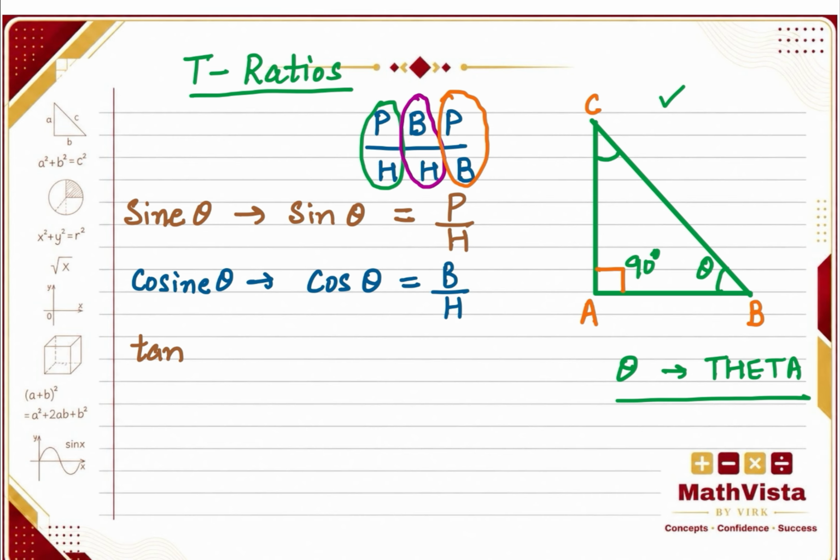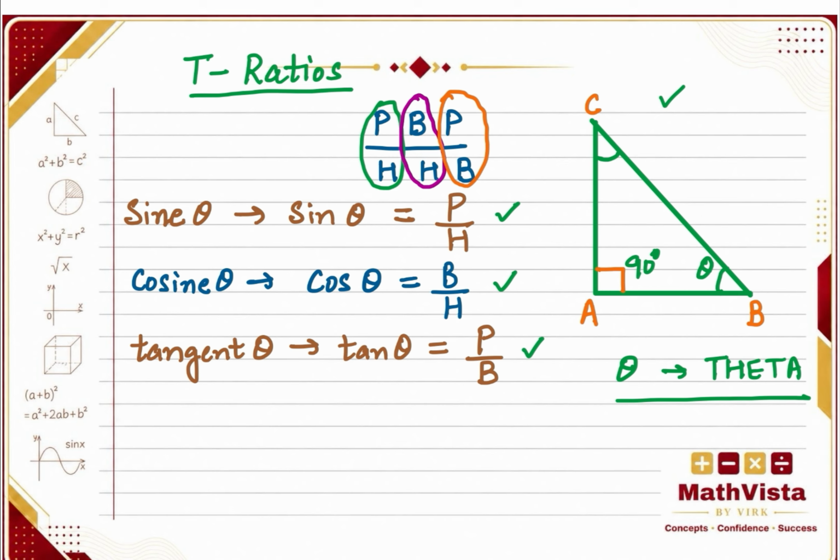In brief this is tan theta, and it is equal to perpendicular over base. I hope it is clear to everyone. Sin theta equals perpendicular over hypotenuse, cosine theta equals base over hypotenuse, and tangent theta equals perpendicular over base.